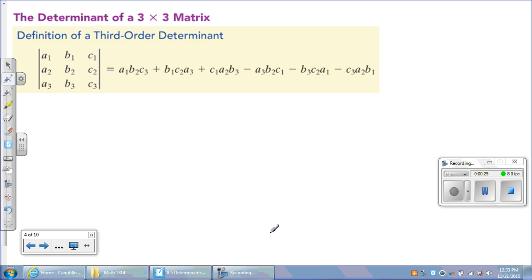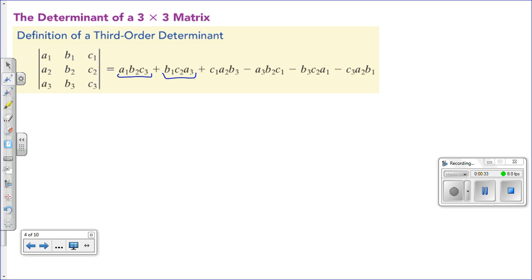And so what I'm going to do here is, we have some products already, and each product represents the multiplication of certain elements of the matrix. For convenience, I'm going to rearrange them, and I'm going to take the ones containing A1 first.